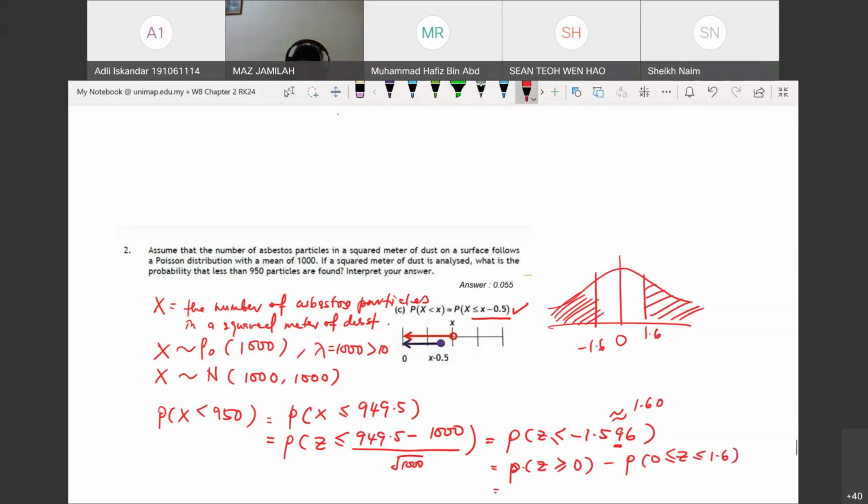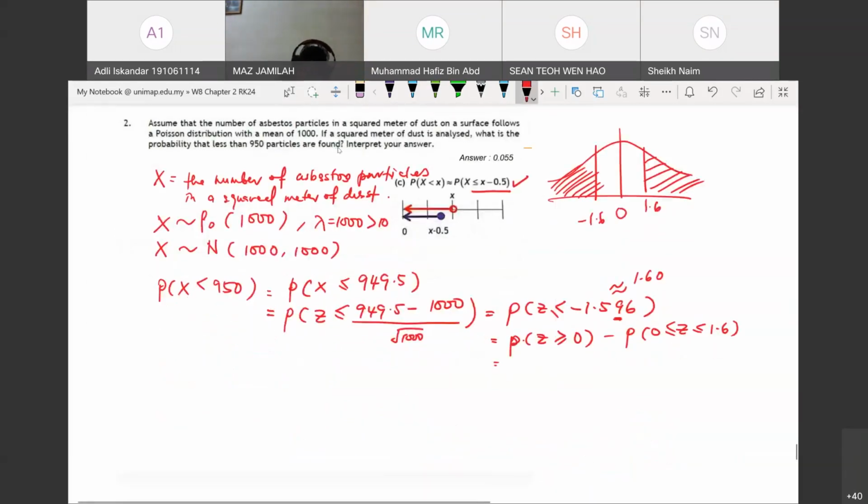So that will be 0.5 minus 0.4452. You will get 0.0548, which is 5.5%. So 5.5% chance.